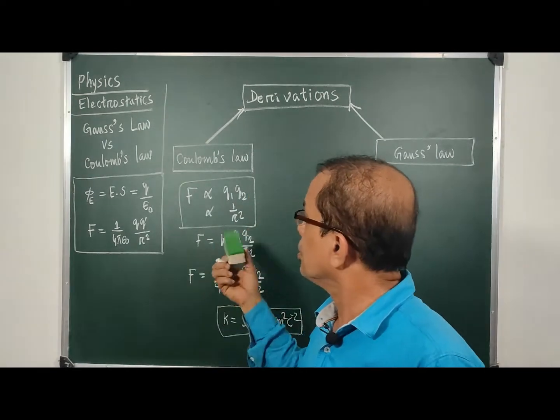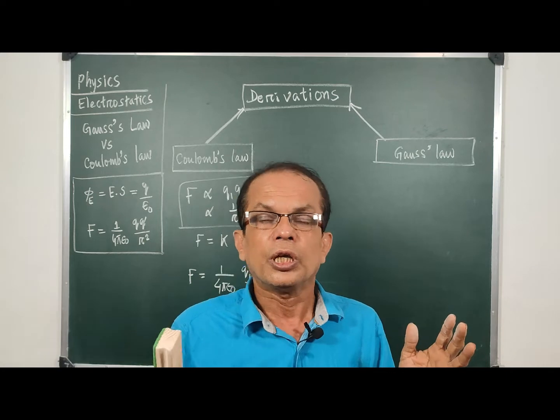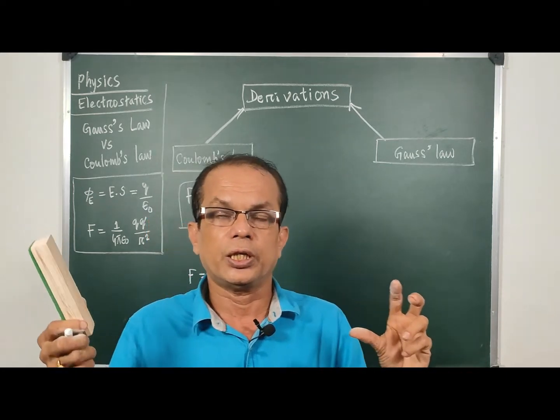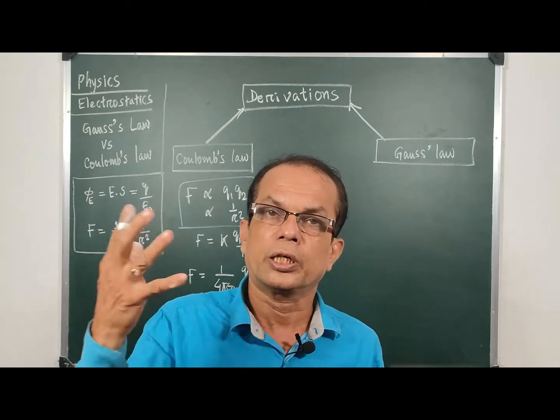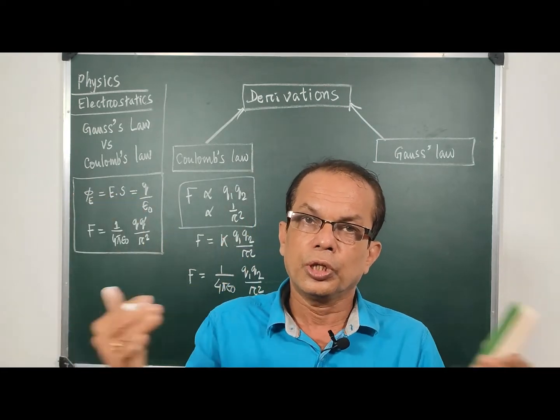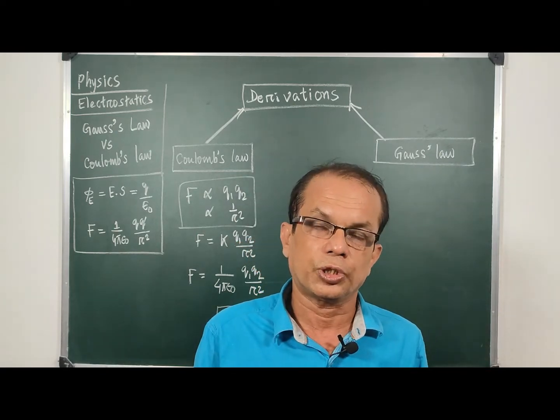Here we find that the force between the two charges increases when one of the charges increases. Suppose the first charge is 300 coulombs and the second is 100 coulombs. So the interaction between them is say x newtons.